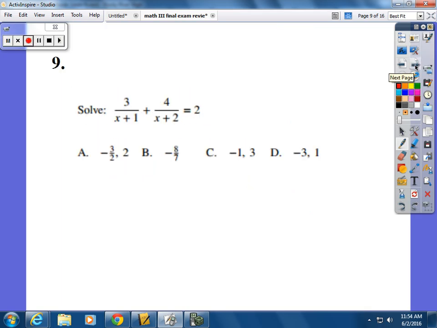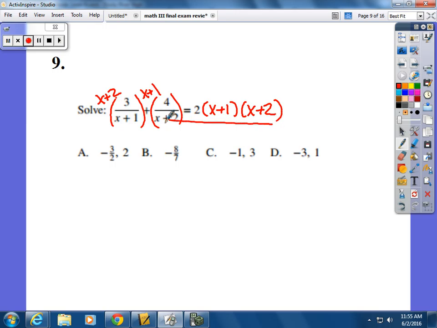Number 9. We have a rational equation. My denominators are x plus 1 and x plus 2. So to get my common denominator, this one has to be multiplied by x plus 2, and this one has to be multiplied by x plus 1. This one has to be multiplied by both. Okay, so now the denominators would be gone, and I just set the numerators equal.